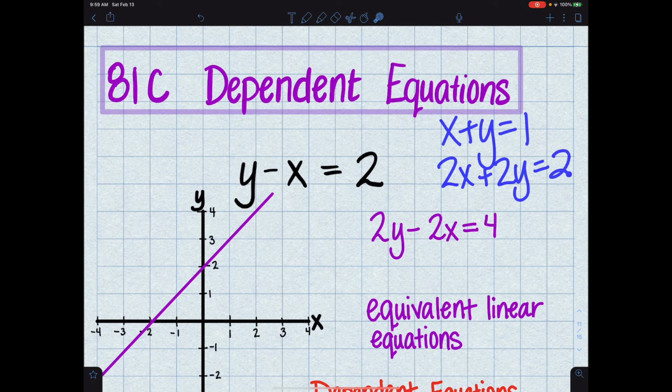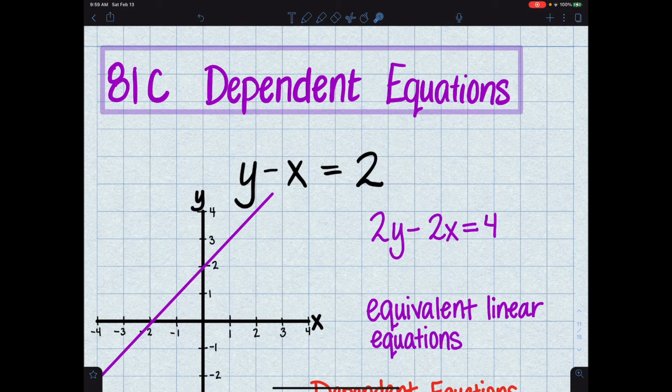Those equations are basically the same equation. You're not changing the value of anything. You just multiplied everything by the same number. So those are called equivalent equations, and that's the definition of that. Okay?